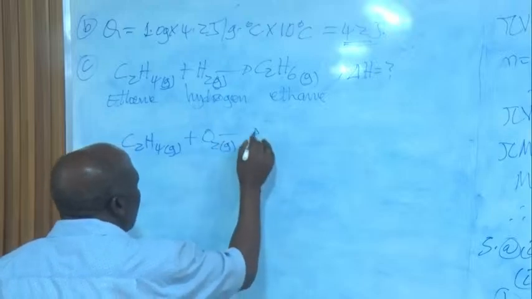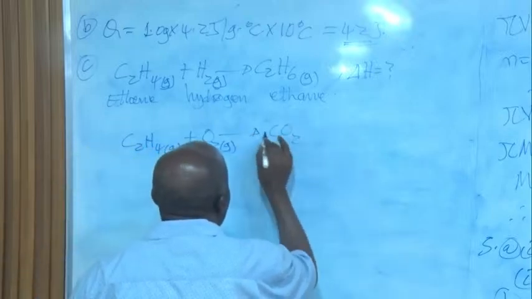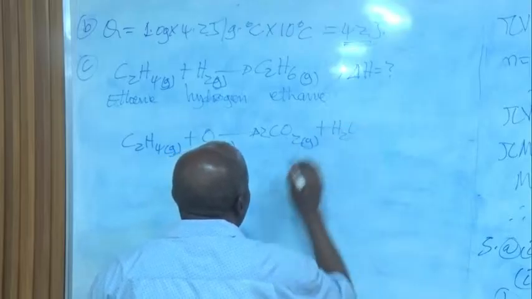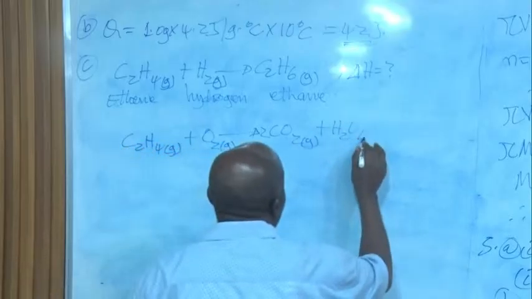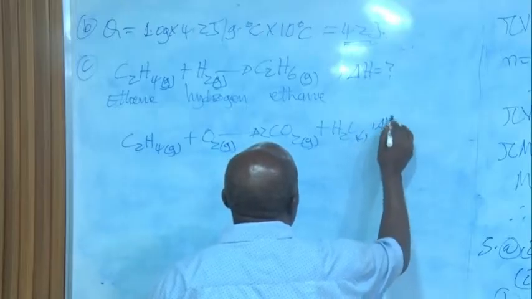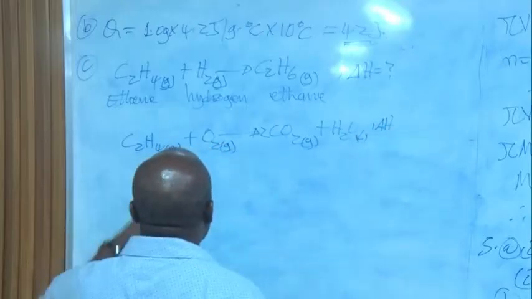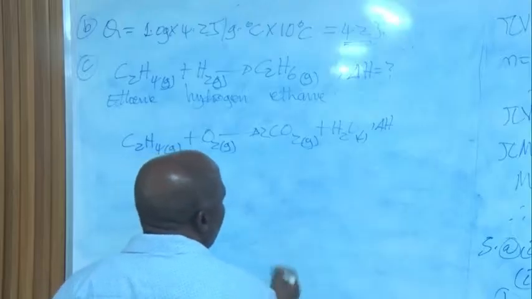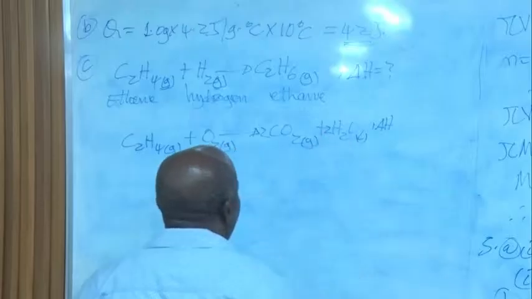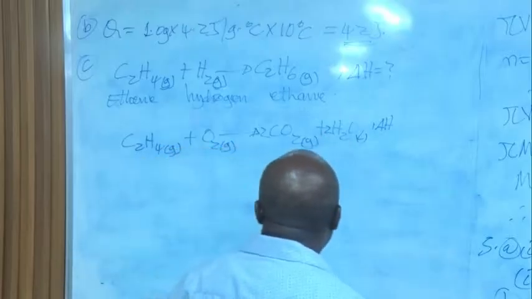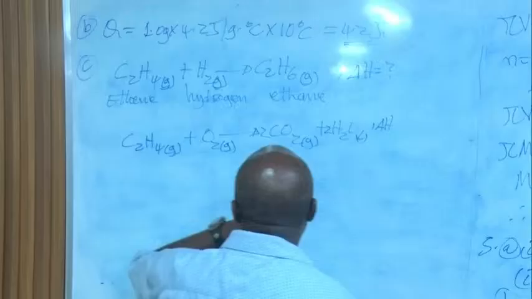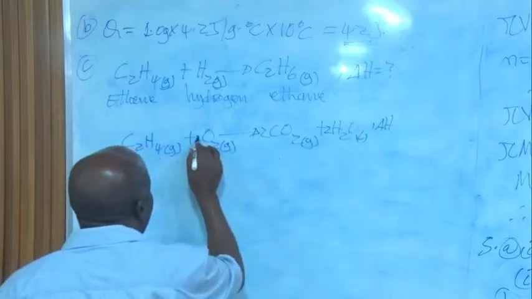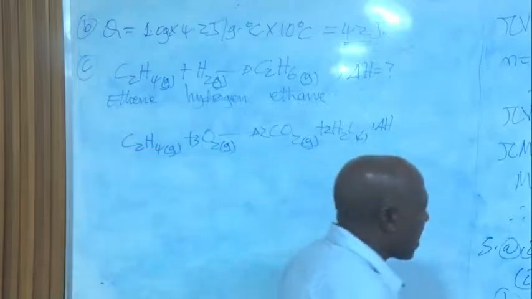Then the products are carbon dioxide gas, here we have 2 moles, plus water, which is a liquid. Here we have 2 carbon, 4 hydrogen. Here is 2, so as to get 4 hydrogen. Then we have 2 oxygen atoms, so the total is 6. So here is 3 oxygen molecules.